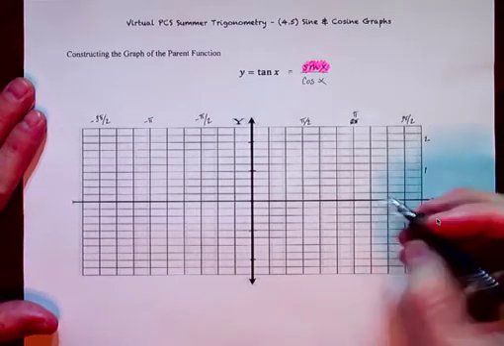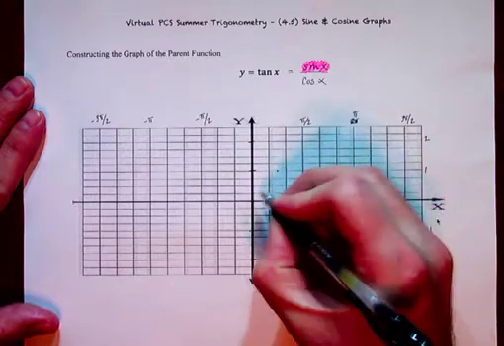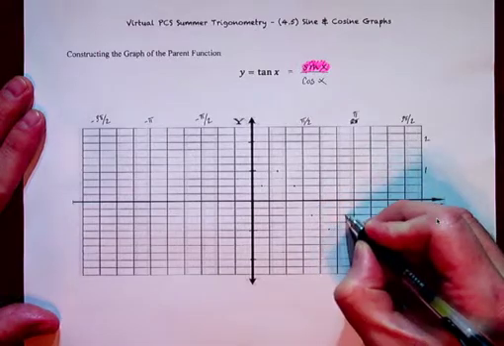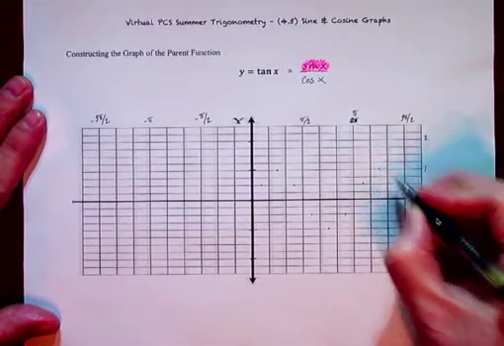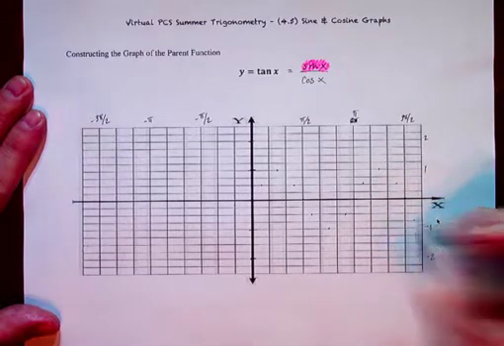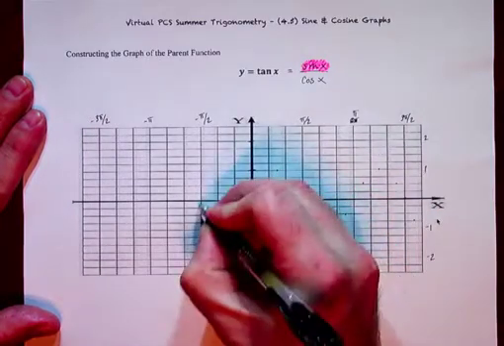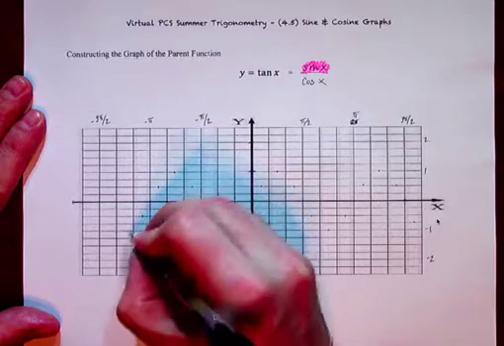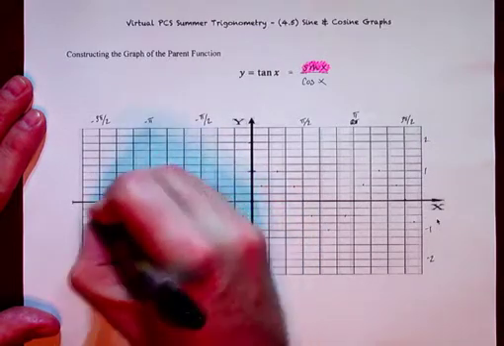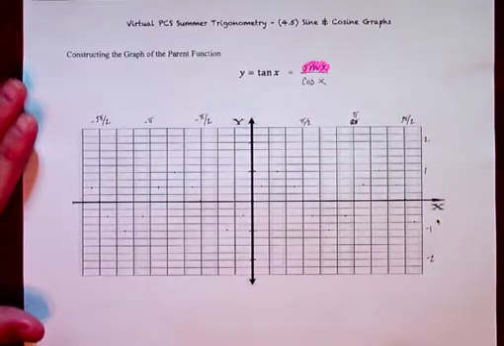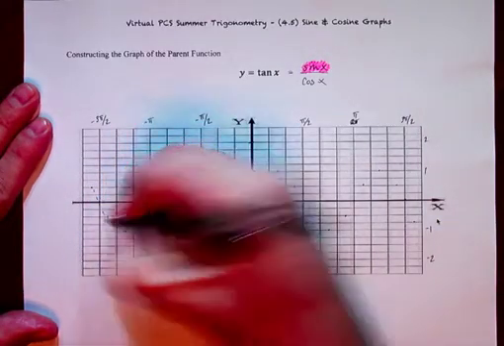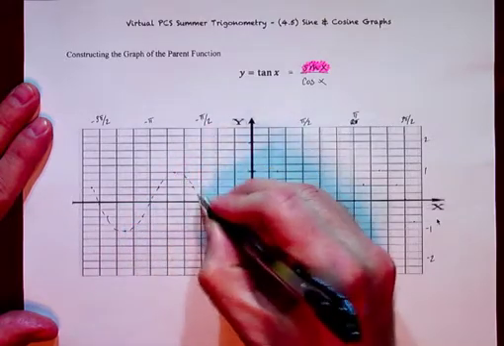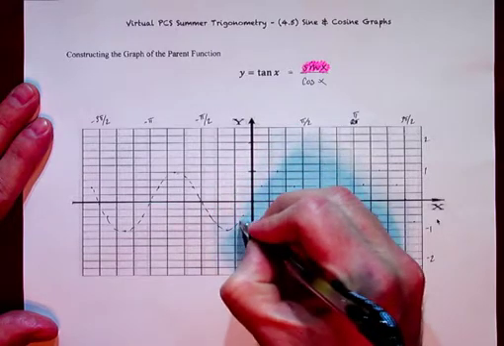Now, when you're doing sine, remember that the parent function winds up looking a lot like this, and I'm not going to go through why. If you want to know why, then go look at that video. But we need to get these in there, because despite the fact that tangent is not officially a rational function, because rational functions are defined as one polynomial over another, a lot of the same principles still apply, because it's a fraction, okay?